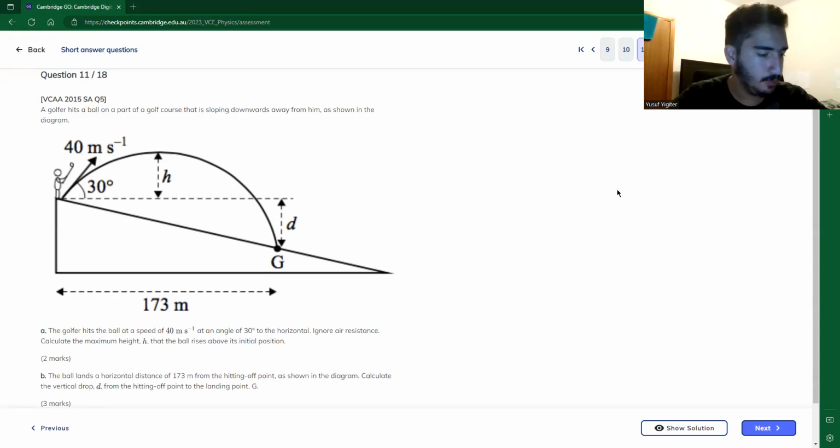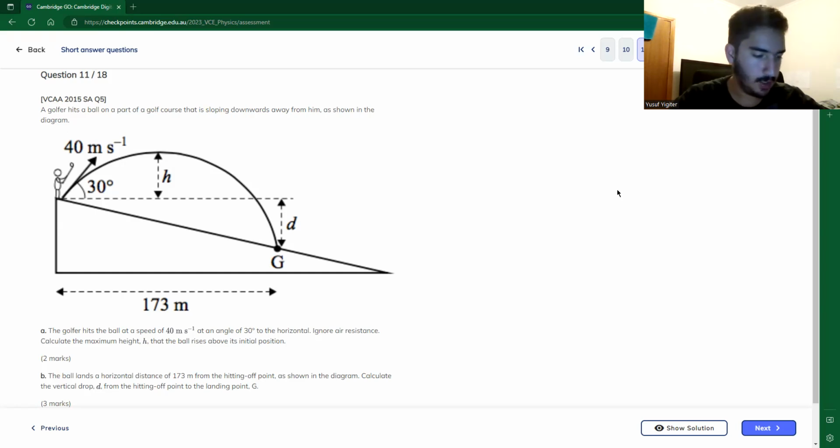V squared, the final, is 0, u squared, that's what we have. Finding the height. So u squared, 20 squared. Actually, oh, my bad, 20 squared is 400.